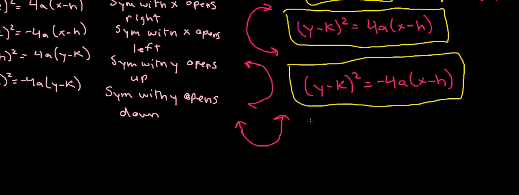So I'll have, well, I don't have to write it this way. I'll just change it the other way around. x minus h squared is equal to 4a y minus k.